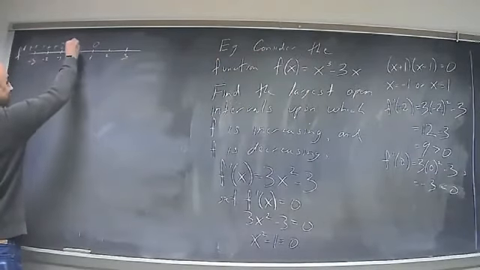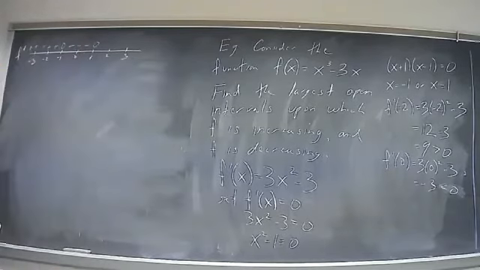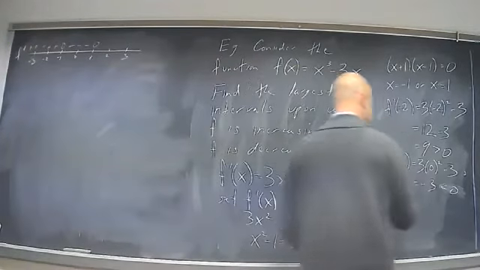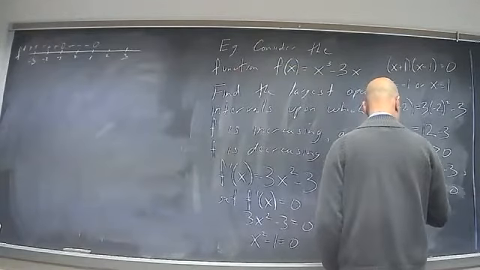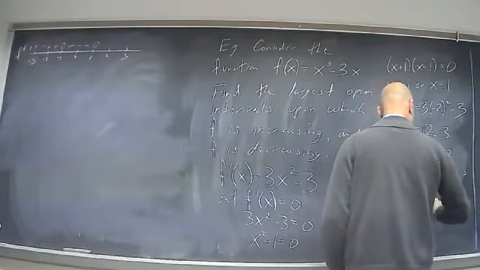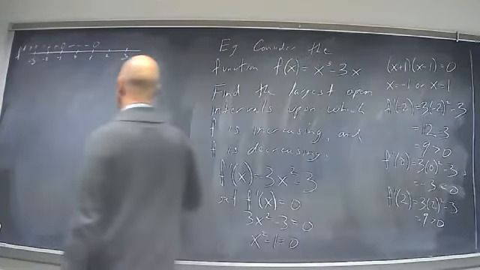So it's negative at 0, negative at a half, negative at minus a half, negative 2/3. Anywhere between negative 1 and 1, it's negative. And I pick a point to the right of 1. How about 2? 3 times 2 squared minus 3. That's 9 again. That's positive. So it's positive over here.